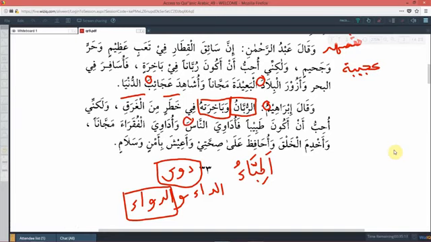وأداوي الفقراء مجانا, and I will treat الفقراء, the plural of faqir, the poor person. I will treat the poor people, الفقراء مجانا, for free. وأخدم الخلق. We had this word before from khidma or khadama. Right? Akhdam, from khadama, meaning to serve.